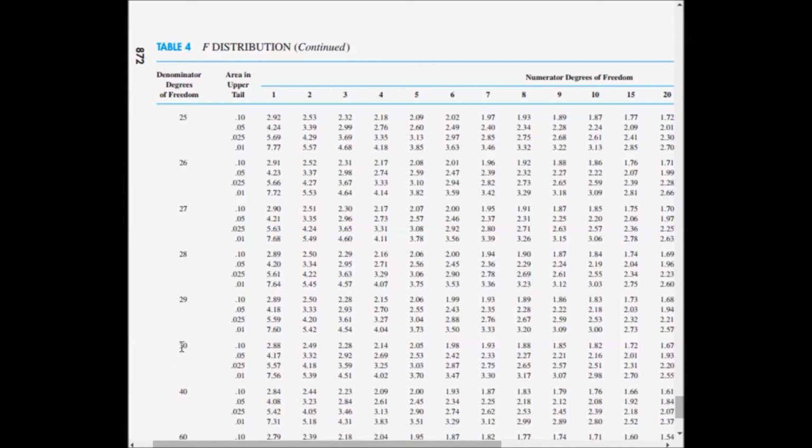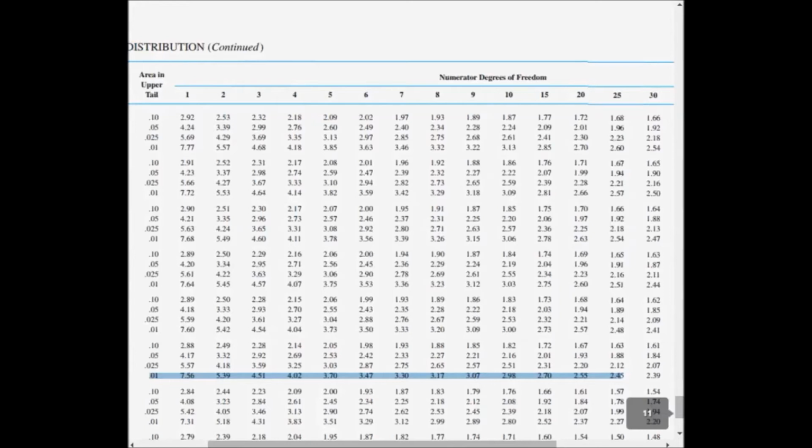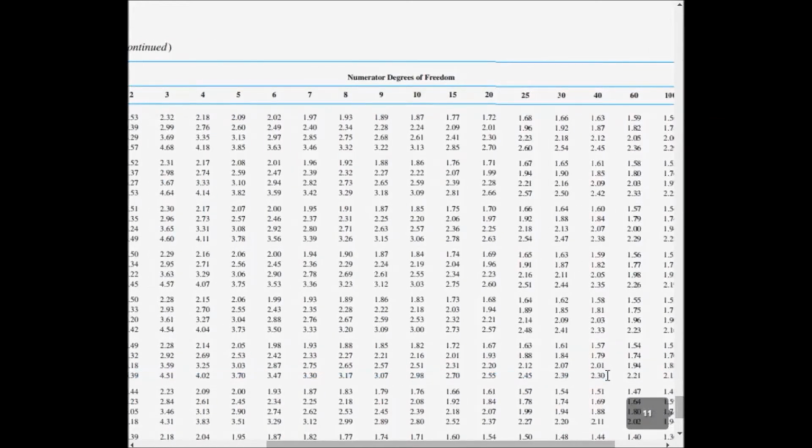There is no row 32. If there is no row, maybe we'll go to the closest one, say 30. Our alpha divided by 2 is 0.01. We would go over here until we got to column 40, right? So our critical value would be about 2.3.